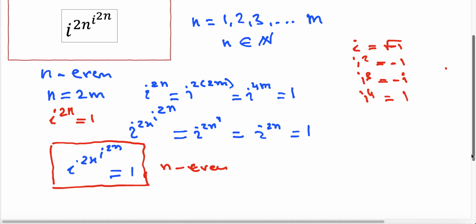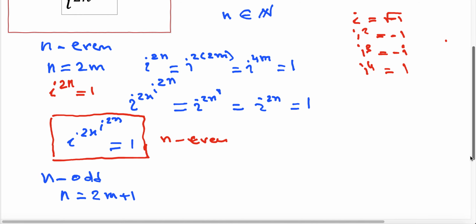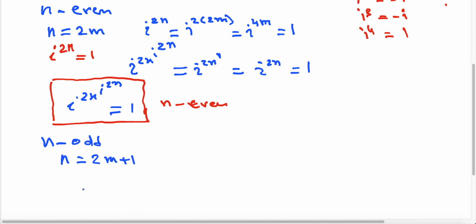And now we are going to look at when n is odd. Let's say n is an odd natural number. If n is odd, then n is going to be equal to 2m plus 1. We are taking just this upper part, i^(2n); either one we can take, lower or upper, because it's the same.